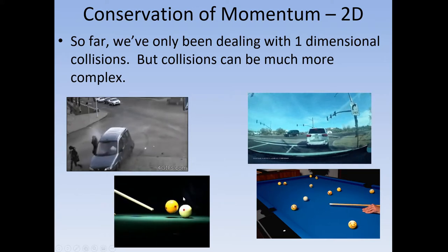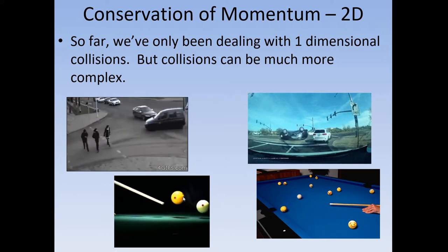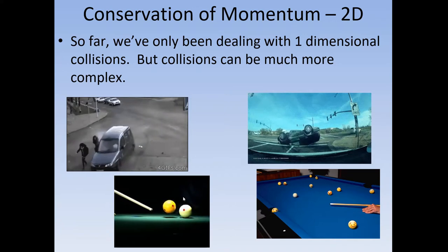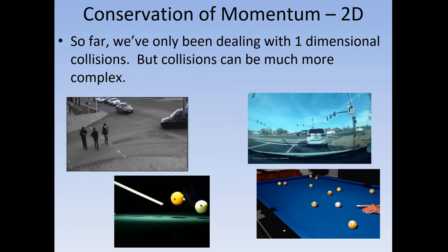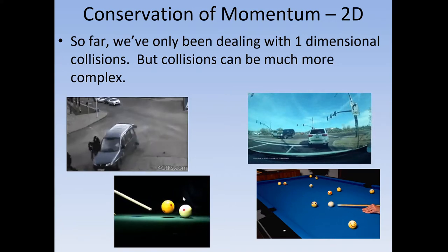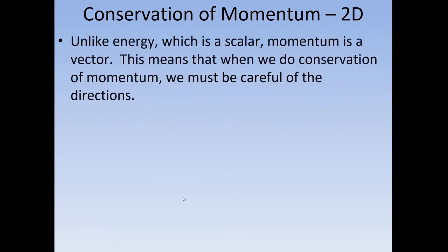Now, the question is, how do we handle conservation of momentum when we have two different dimensions and each dimension is completely independent of the other? Well, that leads us into what we're going to talk about. The reason I have to make this comment is that we never had to worry about this with energy. If you recall, that's because energy is a scalar, meaning direction doesn't matter.